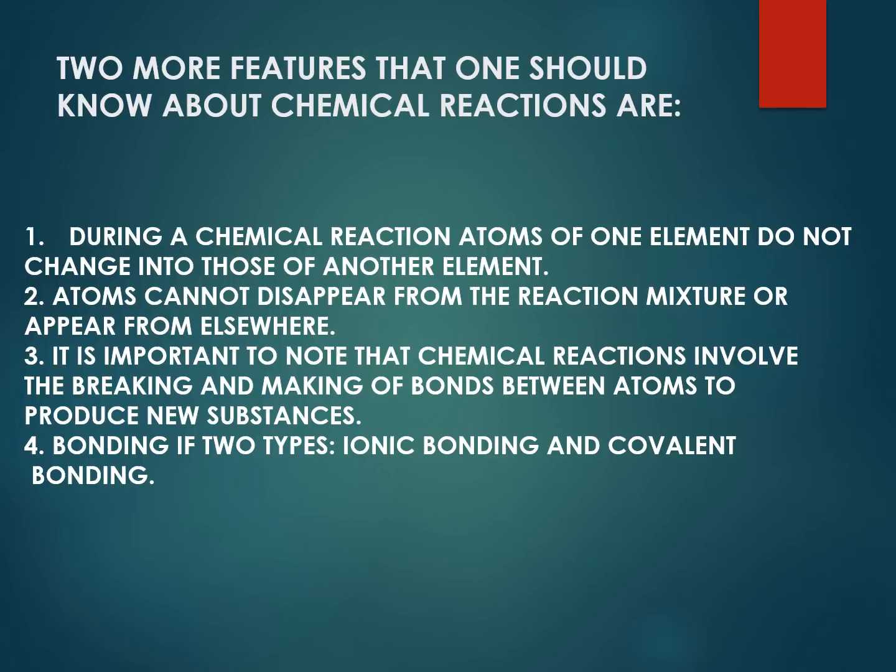Atoms cannot disappear from the reaction mixture or appear from elsewhere. It is important to note that chemical reactions involve the breaking and making of bonds between atoms to produce new substances. Bonding is of two types, ionic bonding and covalent bonding.